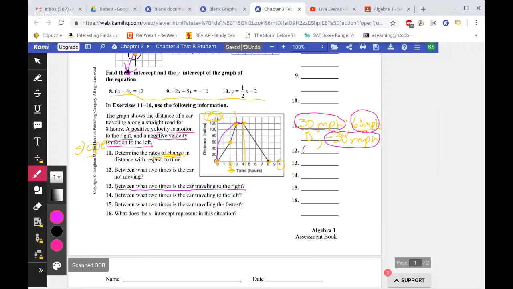So you actually could write down 0 to 3, or you could have written down 0 to 2 and 2 to 3. However you want to write that is fine with me.